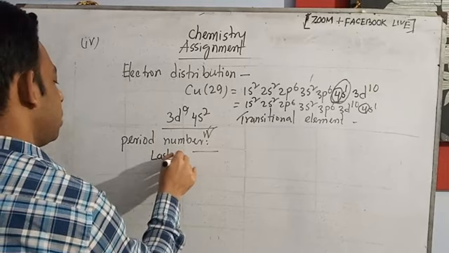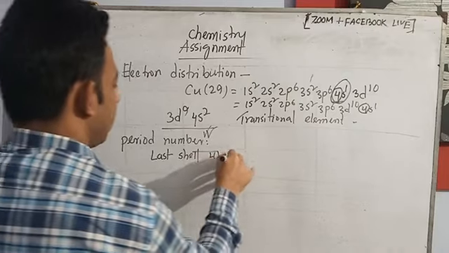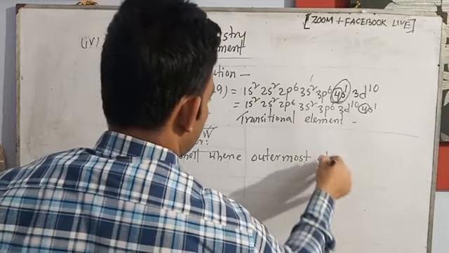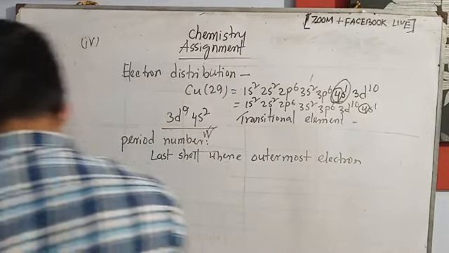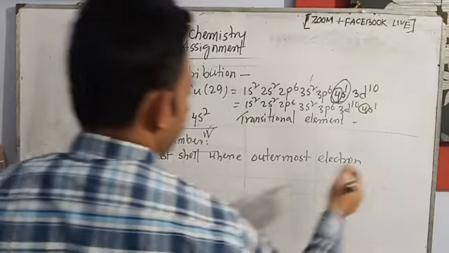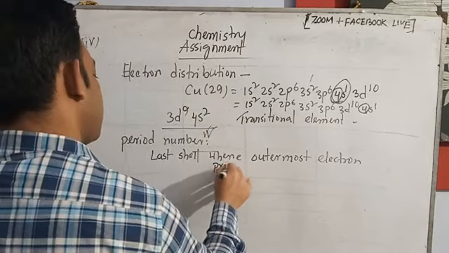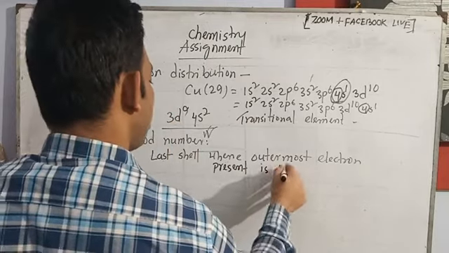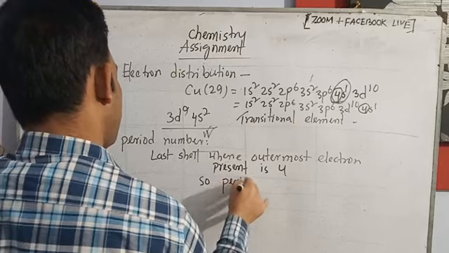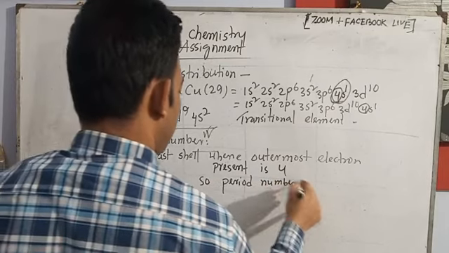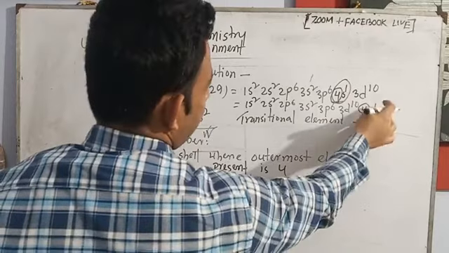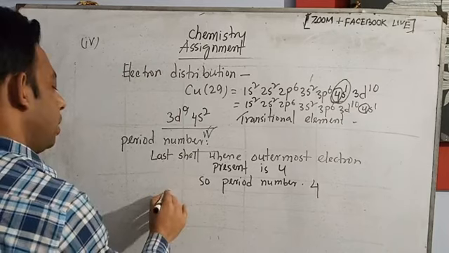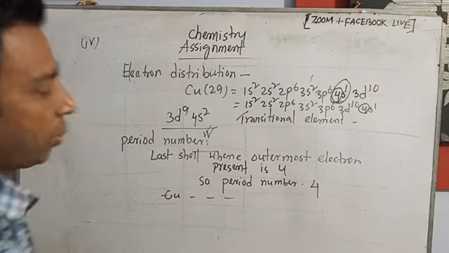The last shell where the outermost electron is present is 4. So the period number is 4. That means the shell containing the outermost electron is the period number. In this way we can find it. So you can write that the copper outermost electron is in shell 4, so the period number of copper is 4.